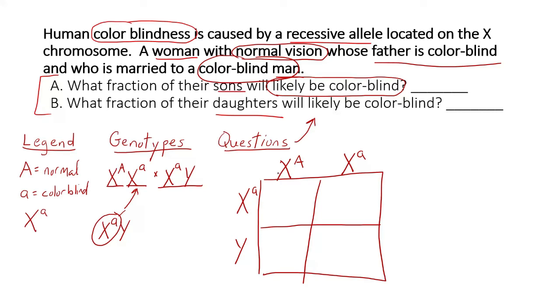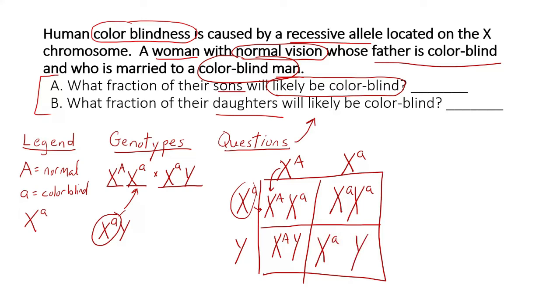But everything else, this is carried on one gamete in the egg. And this one is carried in the sperm, and that fertilizes the egg, if you remember how the Punnett square works. So that's what we're doing here. All right, there's our Punnett square all done.